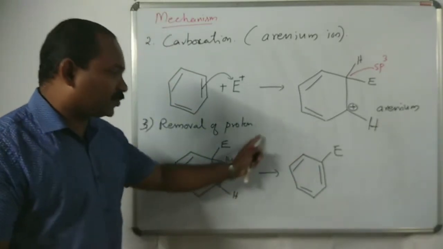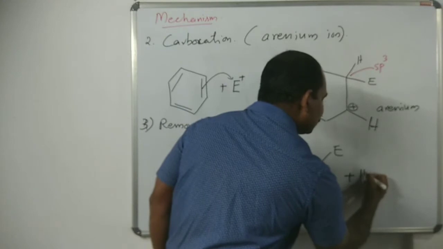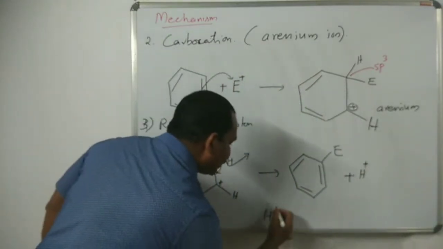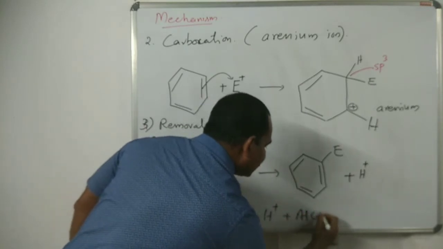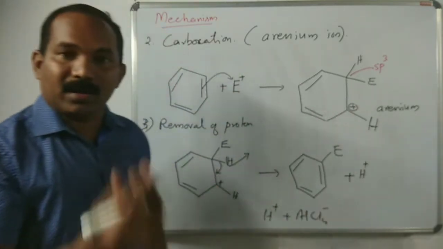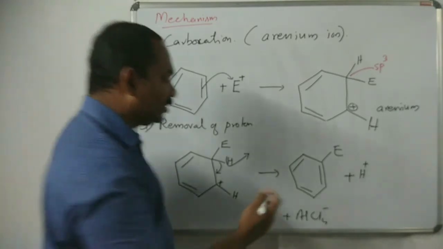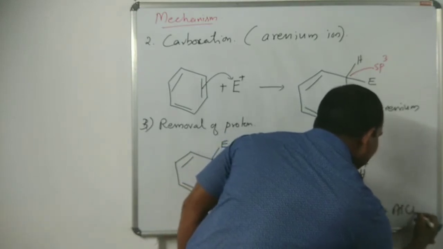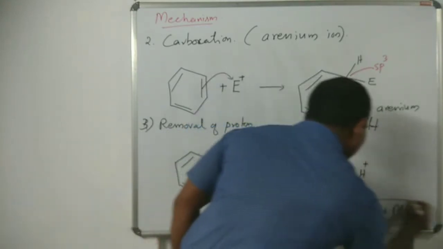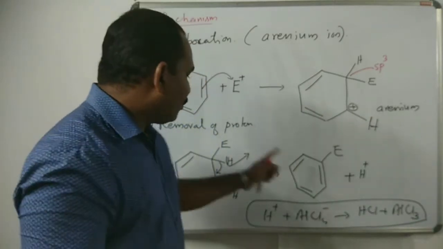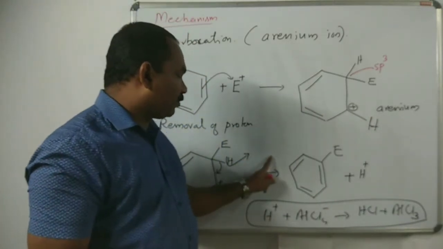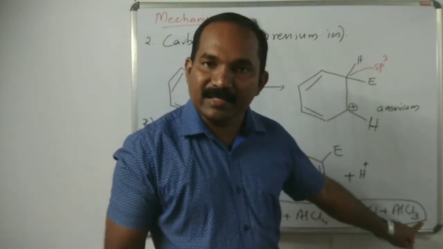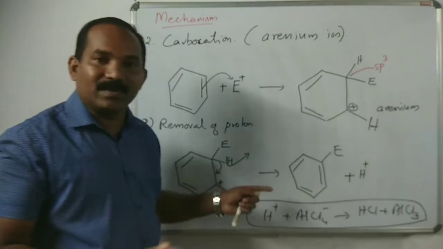After the removal of this proton, H plus, this H plus combines with AlCl4 minus or HSO4 minus, and we get HCl plus AlCl3. This is very important. Okay, when you add AlCl4 minus here, the byproducts are HCl and AlCl3. A very simple mechanism.